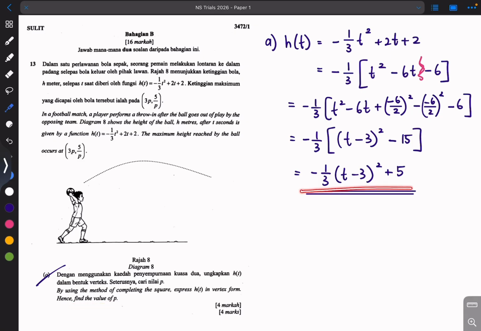This vertex form, there's a reason we call it vertex form, because we can easily find the vertex. Whichever number is here, you have to flip the sign. So negative 3 here means 3, and 5 would be our vertex. If here is negative, you just flip it to positive. This one you just write it, no need to flip. So our vertex is (3, 5).